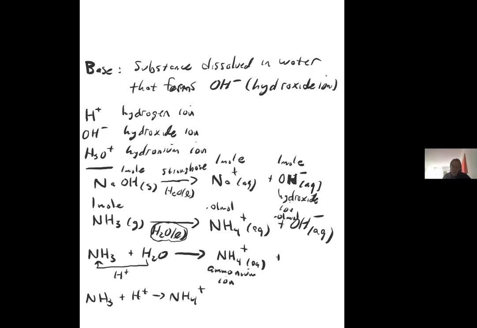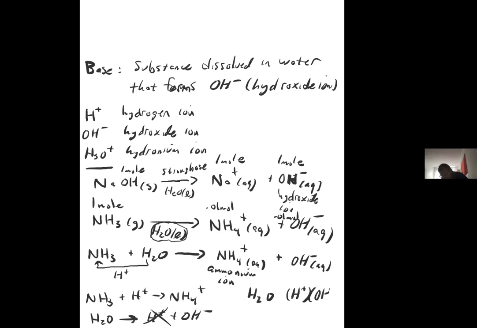Then what happened? The water lost the H plus. So it lost this. So that's gone. So it's just hydroxide left over. So in terms of acid-base chemistry, it's actually useful to think of water as H plus attached to an OH minus.